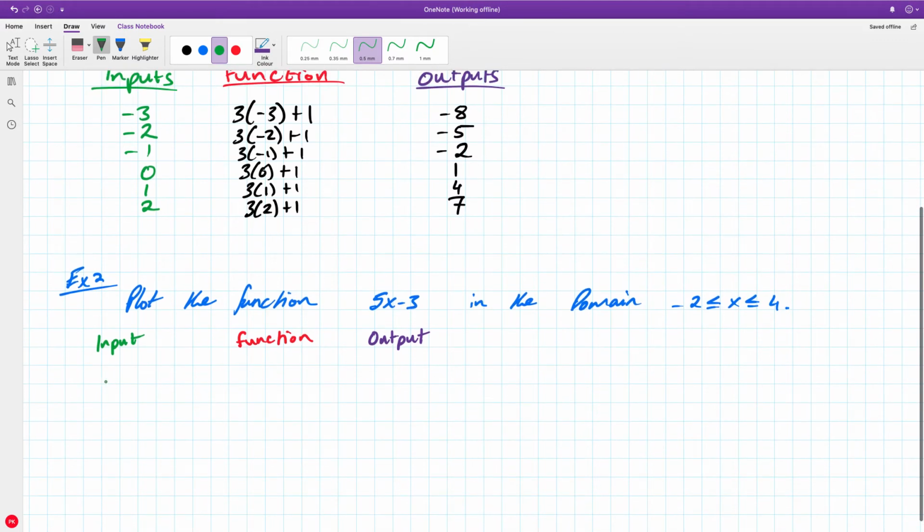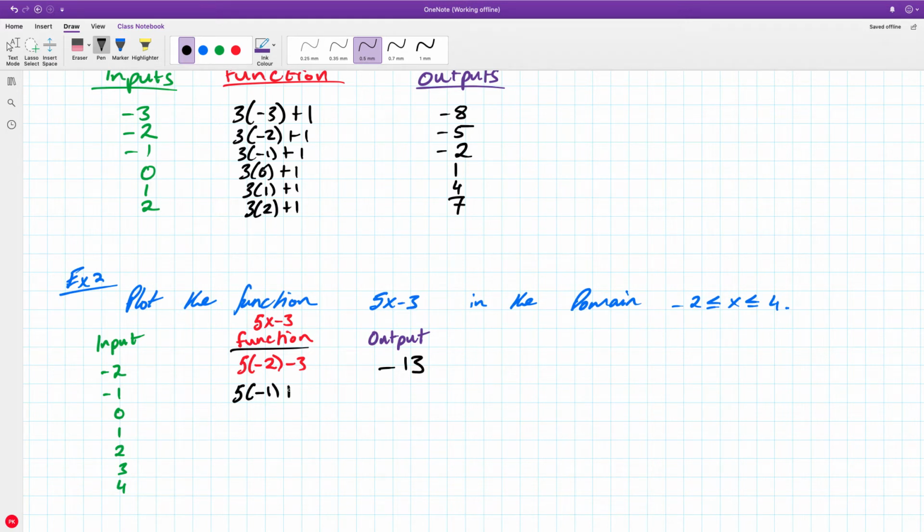Our input is minus 2, minus 1, 0, 1, 2, 3, and 4. Our function then was 5x minus 3. So that's 5 times minus 2 minus 3, which is what? Minus 13.